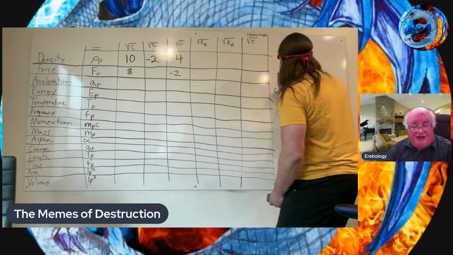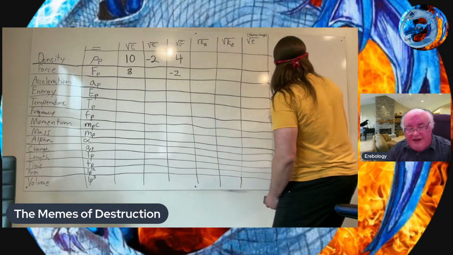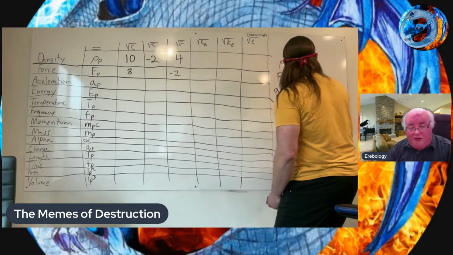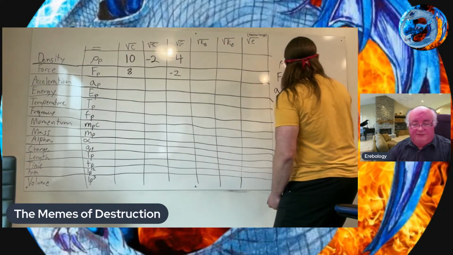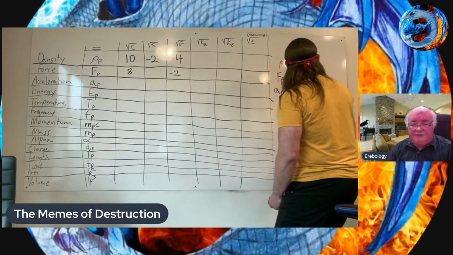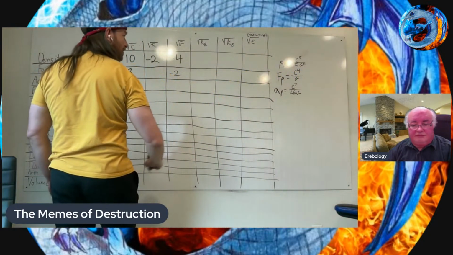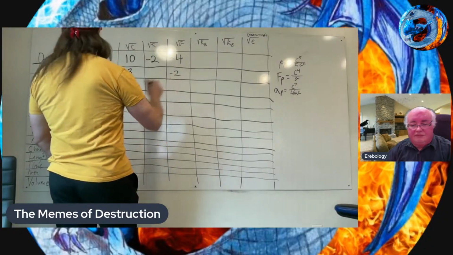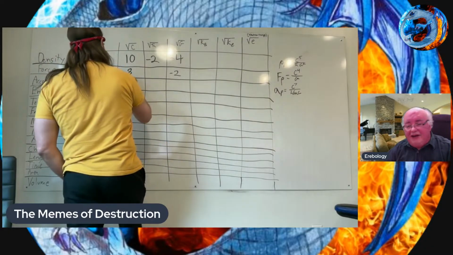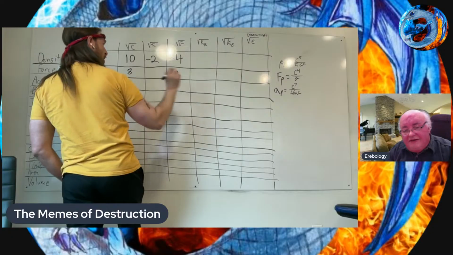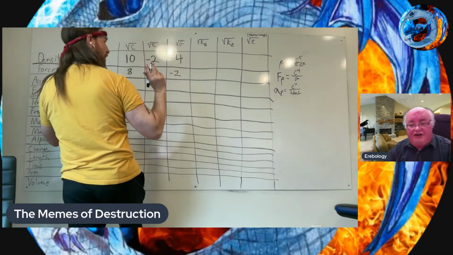All right, so acceleration is radical c to the 7th over h bar G. So we do 7, that would be a total of 14, except now that acceleration is underneath a square root sign.